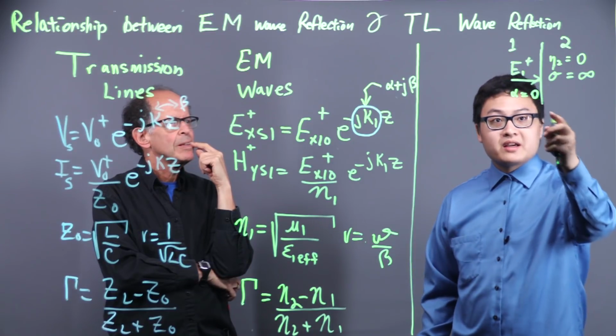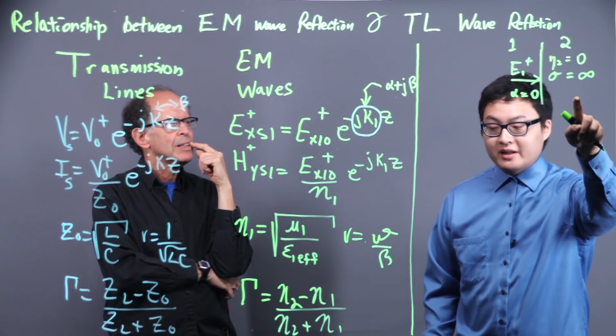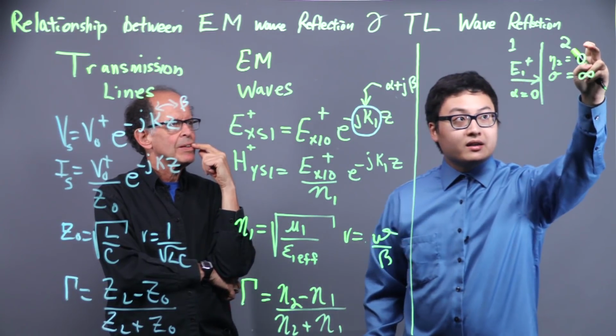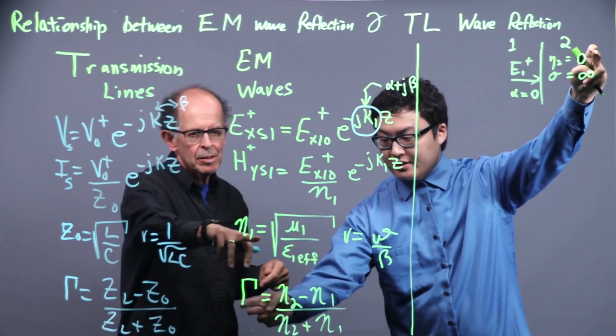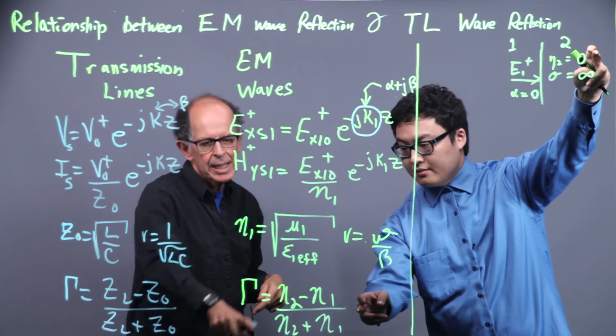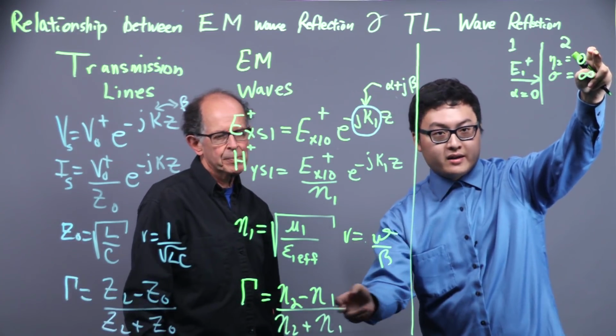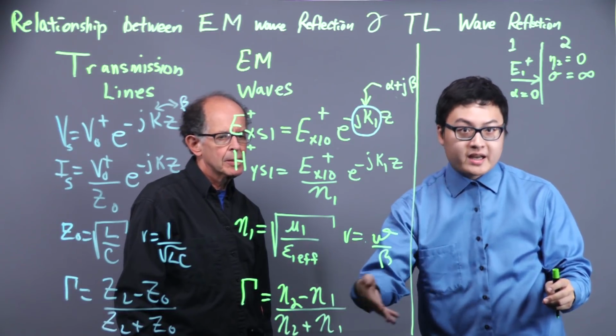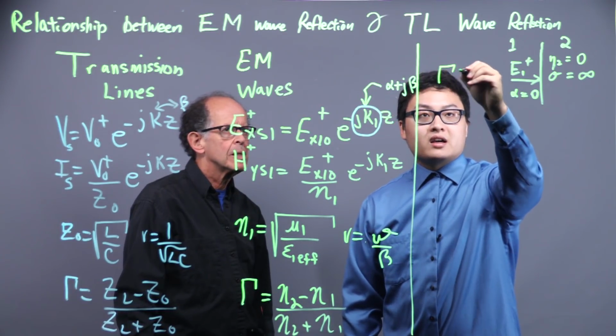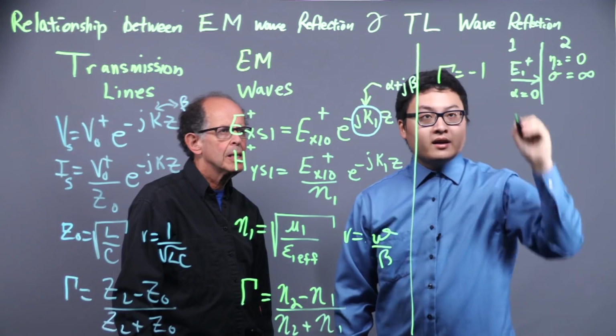So if we think about what kind of reflection would happen in this system, if we plug eta 2 into the reflection coefficient equation, eta 2 would be 0, and you're left with negative eta 1 over eta 1, which cancels out to be gamma equals -1.